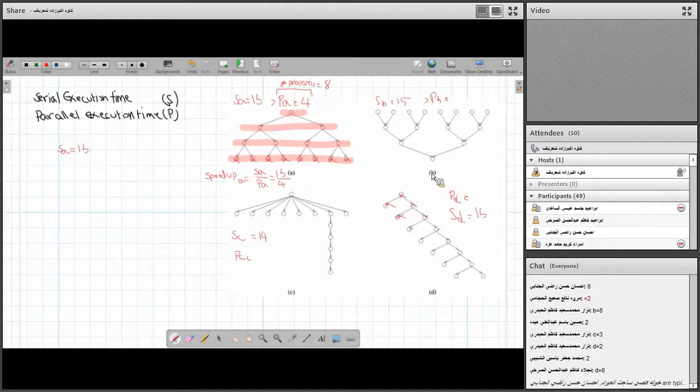Exactly the same for B. PB equals 4. How many processes are required? 8.